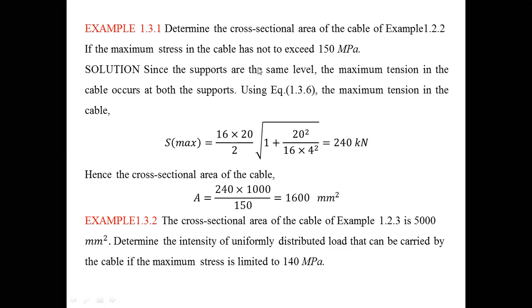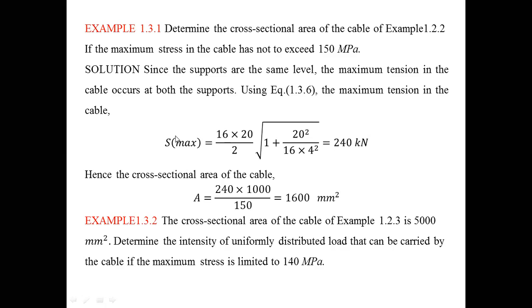Let us take the same problem. You find the S and you find the L naught. If the stress is given here, in the second problem, the maximum stress in the cable should not exceed 150. Then how to find the cross-sectional area of the cable? The supports are at the same level and the uniformly distributed load is 16 kN per meter.